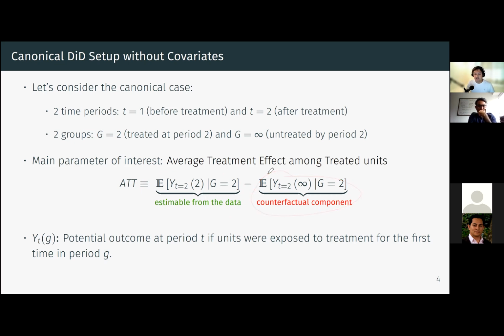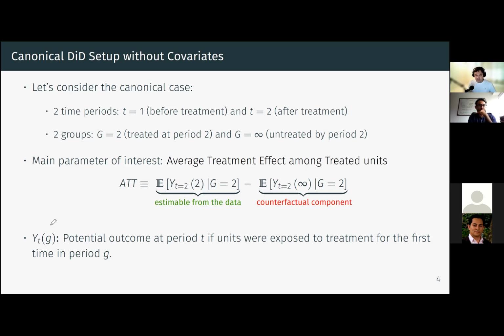It's looking first at time period 2: I'm going to look at the outcome in period 2, and I want to look at units who are actually exposed to treatment. So among units who have been exposed to treatment by time period 2, what is the average effect of being first treated in period 2 versus never being treated? This is the effect of experiencing treatment in time period 2 versus never experiencing treatment whatsoever.